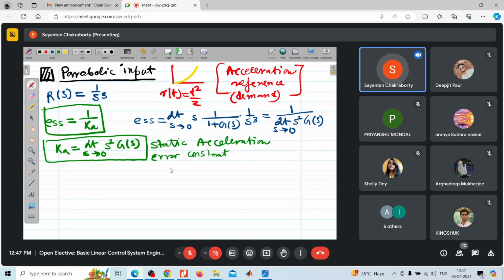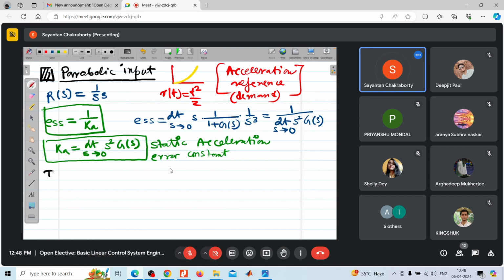This gives an idea how the system will respond to a constant acceleration demand, whether it's possible to follow the constant acceleration demand or not. If it is possible for the system to follow the acceleration demand, whether it follows it perfectly or with a steady offset, right? So let us try in the same manner.